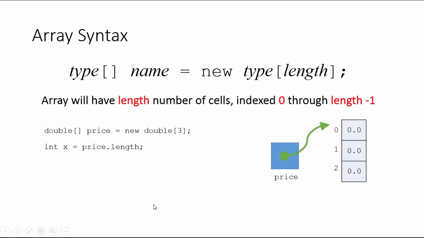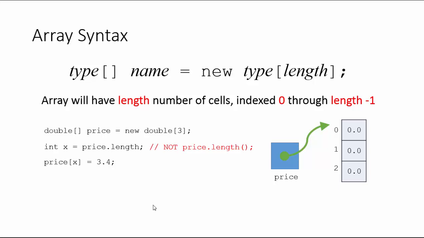This statement creates an int variable x and assigns the value stored in the price array length variable. Notice length is an instance variable in the object, not a method, so we don't use the open-close parentheses to access the contents. X contains the value 3. This statement tries to assign the value 3.4 to cell 3 of the price array.